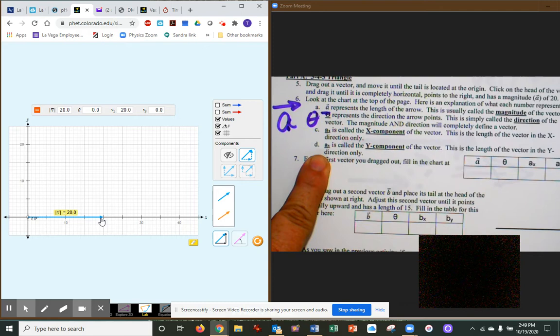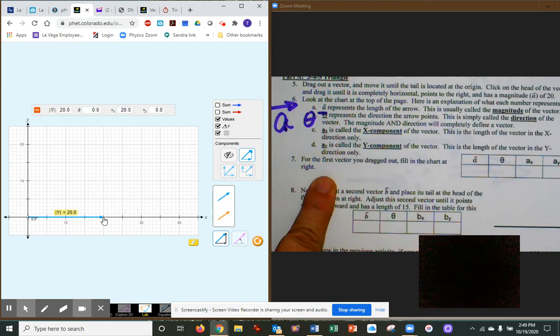If you'll remember, for any line you draw on a graph that originates at the origin, you can drop down a vertical and come across with the horizontal lines. Those will be in relation to the x-axis and the y-axis. Those are your x and y components. Make sense? Okay.